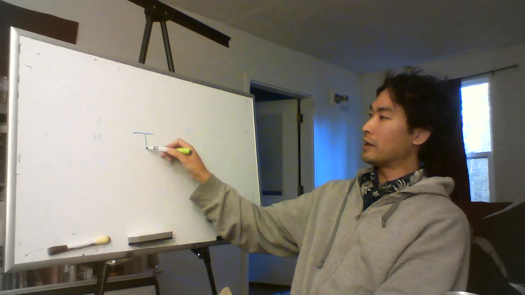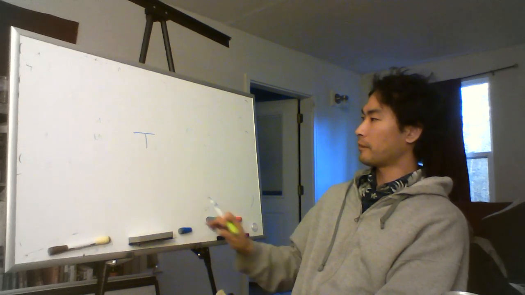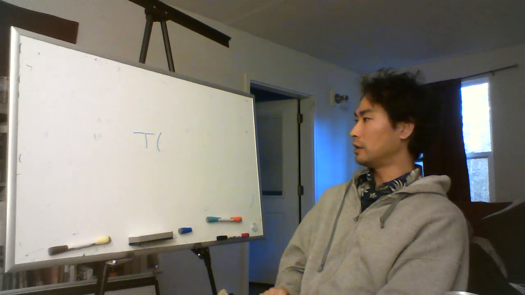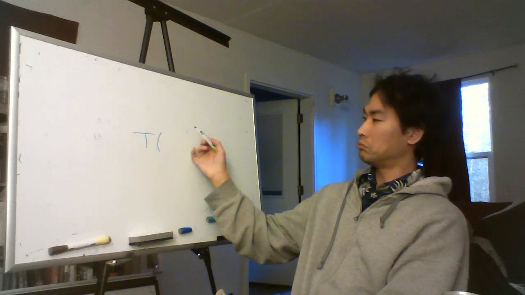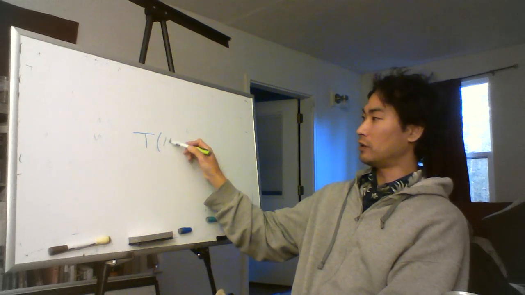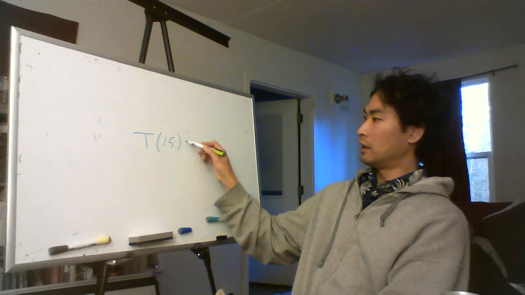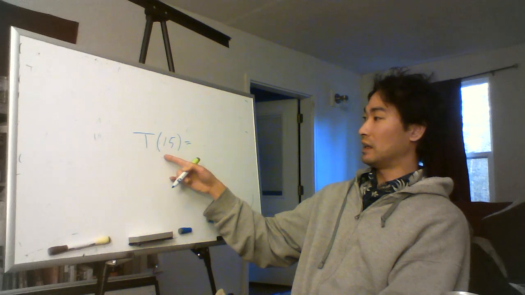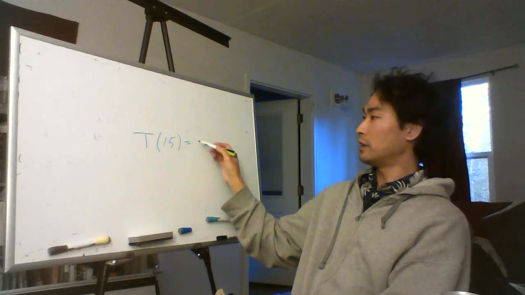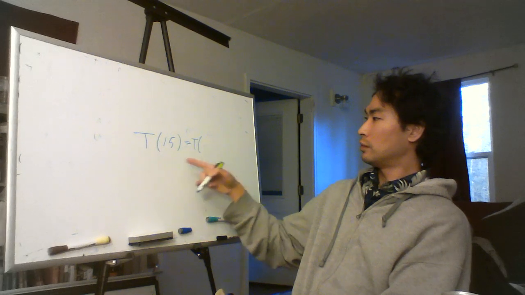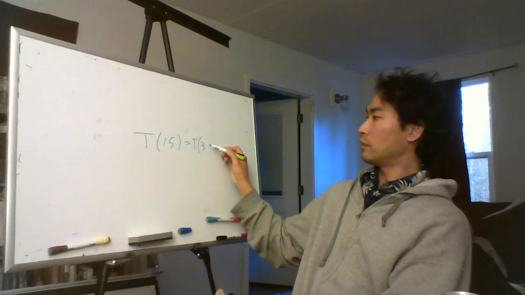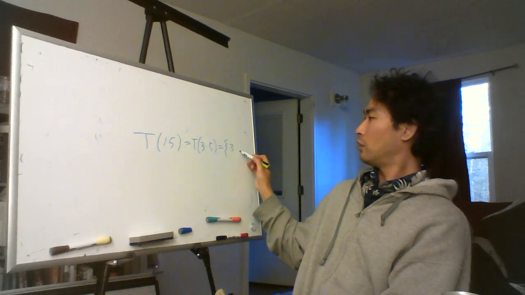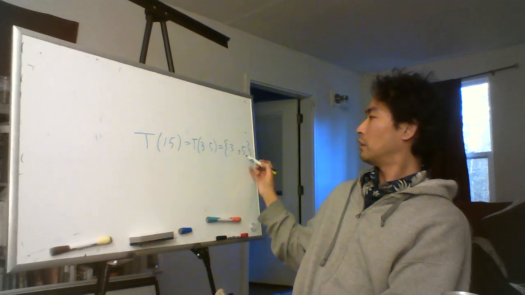So transformation function, okay, it takes in a number like 15. Transformation function T is also a set function because its output is, well, prime factorization. So 3 times 5, right? So 3 comma 5.